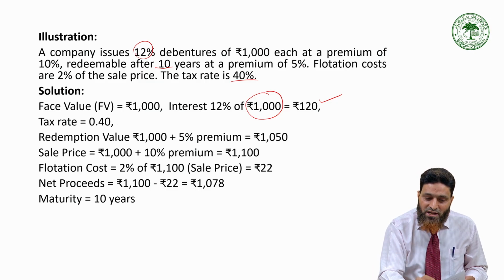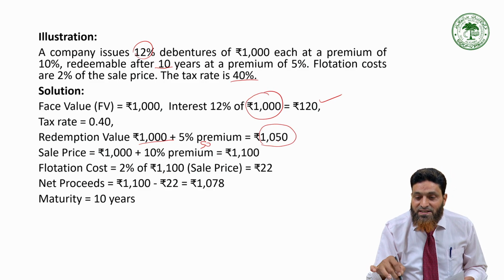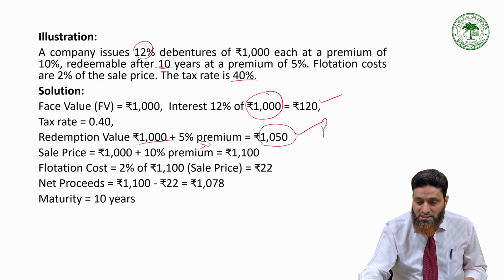The price of one debenture was 1000, so 5% of this will be 50. So 1000 plus 50, that is 1050 after 10 years, at the time of maturity or redemption, the company is paying this much. This is the payment by the company.